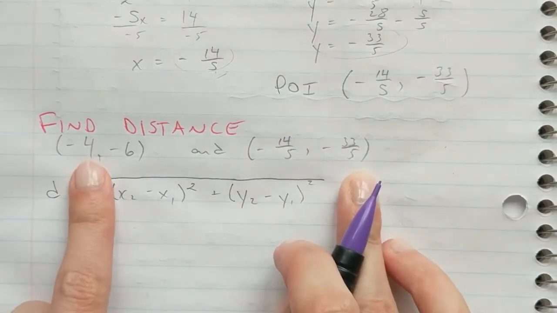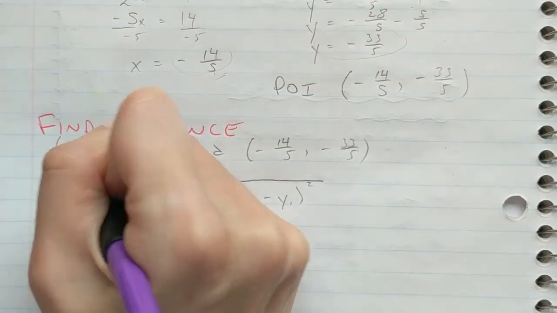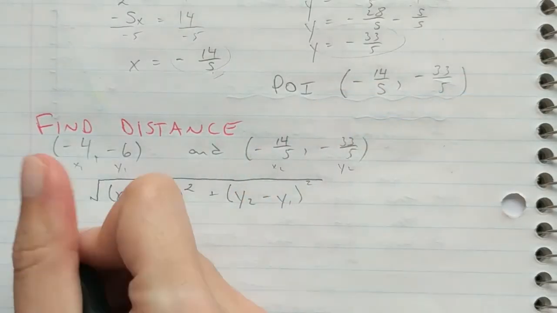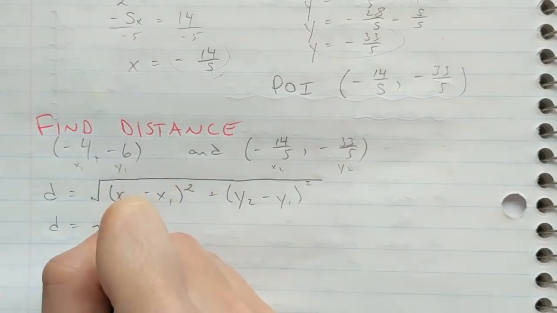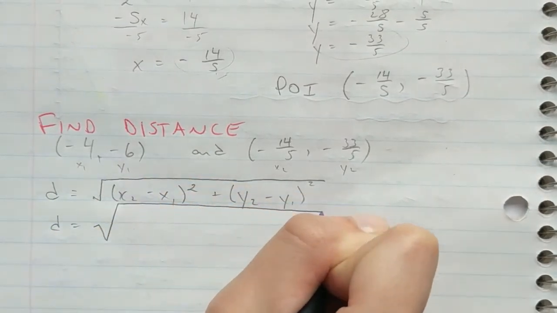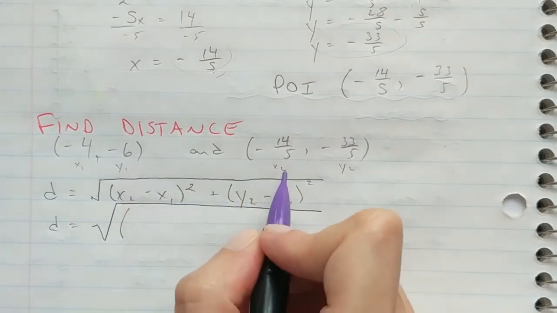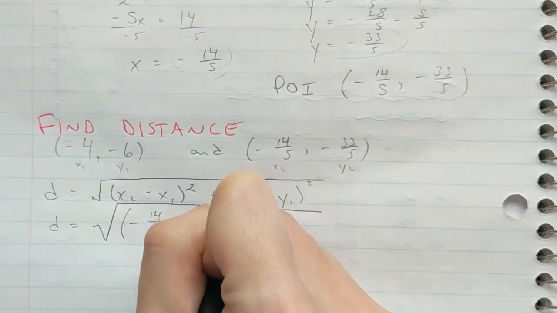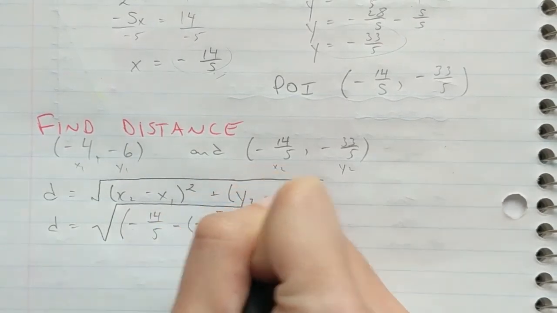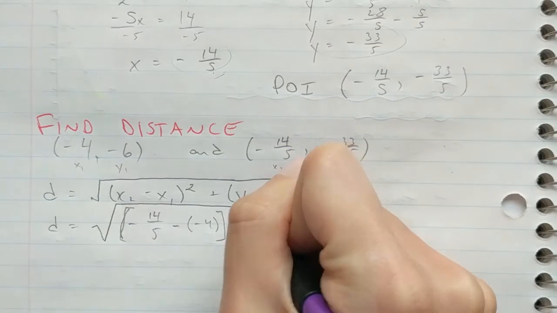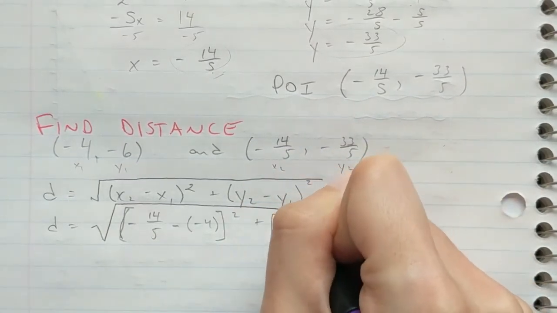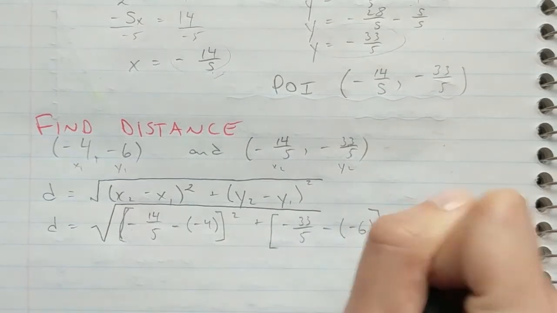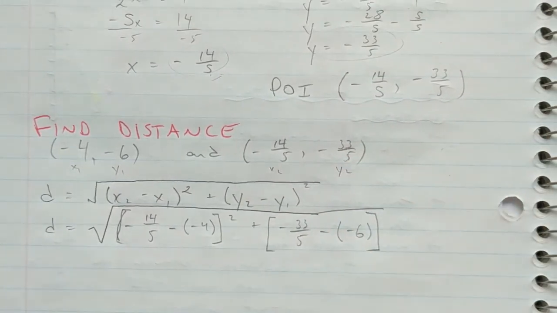Those are the 2 points that I have here, so I'm going to call this x1, y1, x2, y2, and we can start substituting in some information. x2 here is negative 14 over 5 minus negative 4, all squared, plus negative 33 over 5 minus negative 6, all squared.